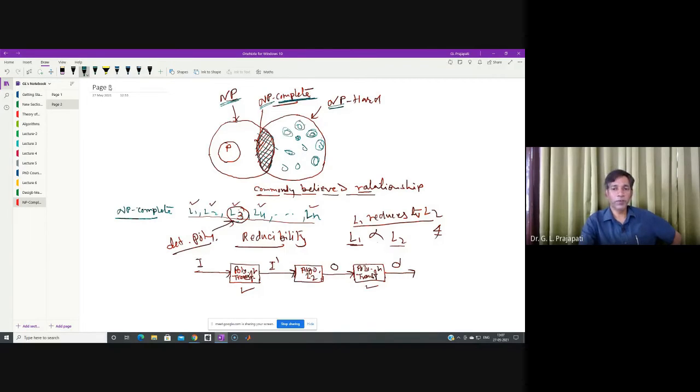So if you can solve one NP-hard problem, if you have L1, L2, L3, these are the NP-hard problems, and if you have a solution for one NP-hard problem which runs in deterministic polynomial time, then you may not be able to solve other NP-hard problems in deterministic polynomial time, but you can solve every NP-complete problem with the help of deterministic polynomial time.